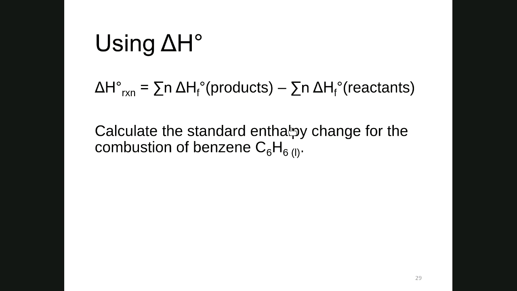So let's check out this example where we want to find the enthalpy change for the combustion of benzene. Benzene is C6H6. So since it's a combustion, we know we're going to have oxygen as our reactant, and we know we're going to make carbon dioxide gas and liquid water.